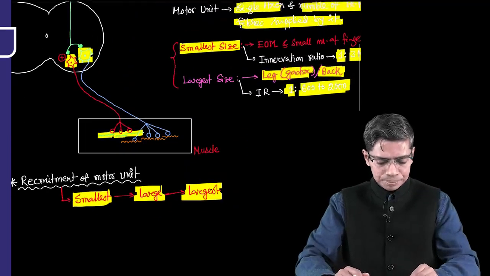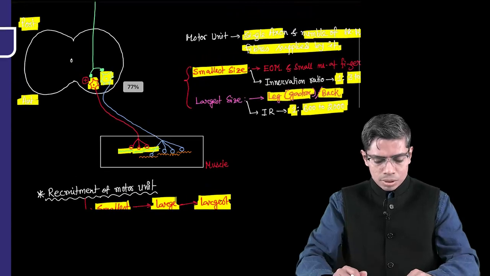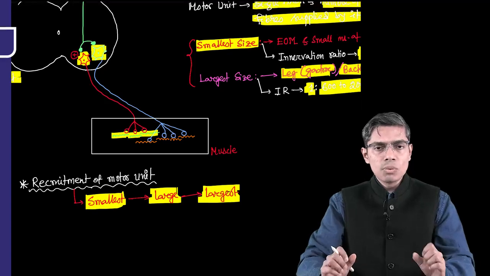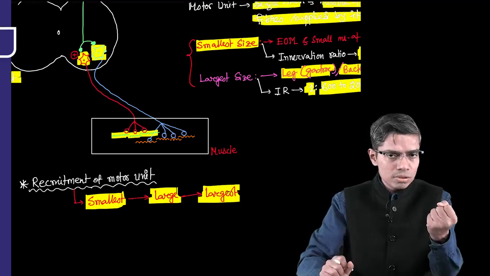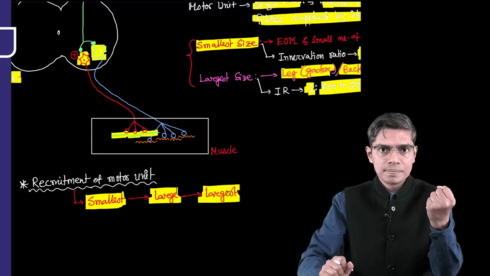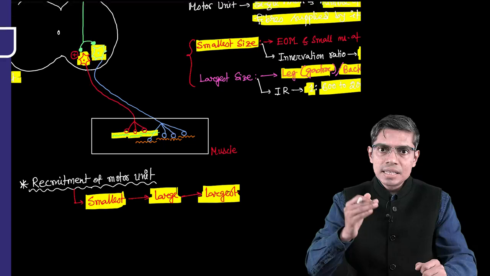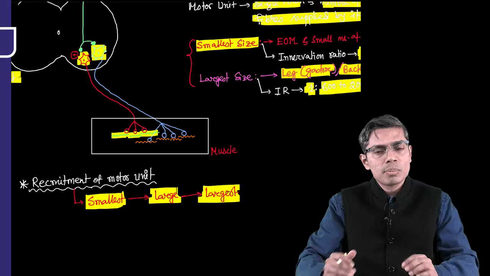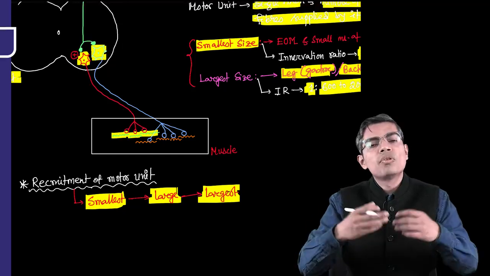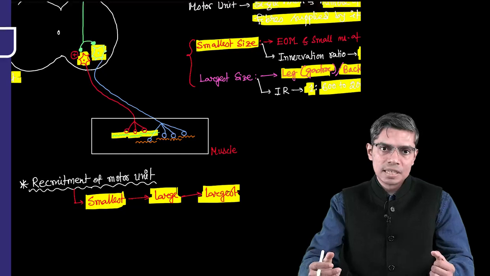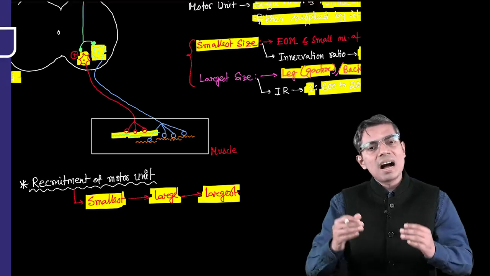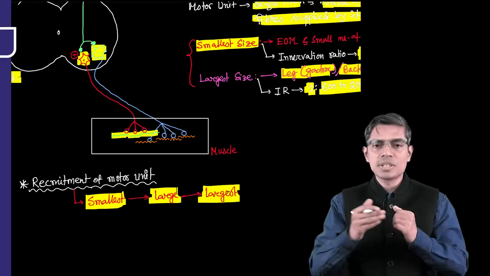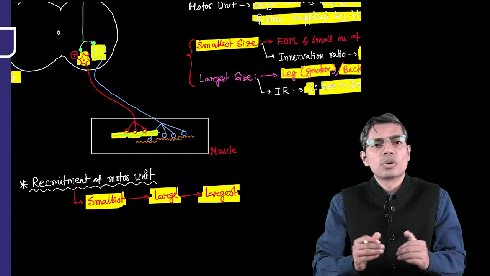Now the next thing is, we understand that when you want to do more work with the skeletal muscle, you are activating more and more motor units. So more motor unit recruitment means more number of fibers activated, more force production at the level of skeletal muscle. Is there any other way to increase the force generation by the skeletal muscle apart from recruitment of more motor units?